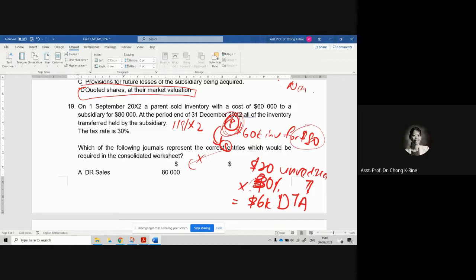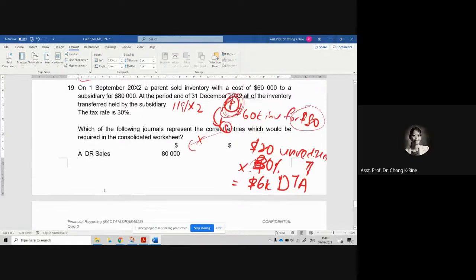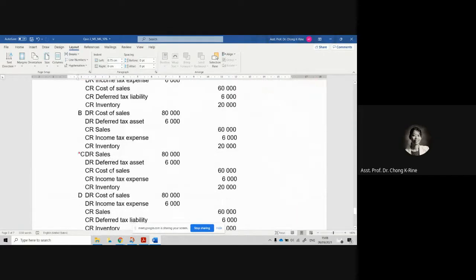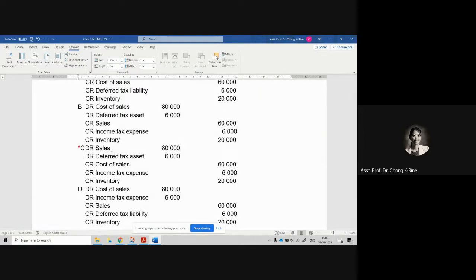So the parent credited the sales, right? At console level, this is the consolidation elimination entry. This is not the pre-acquisition console entry. At the console level, we will have to reverse, eliminate, debit out the 80,000 sales from the parent book. And then we also want to credit out the cost of goods sold, 60,000, from the parent book.